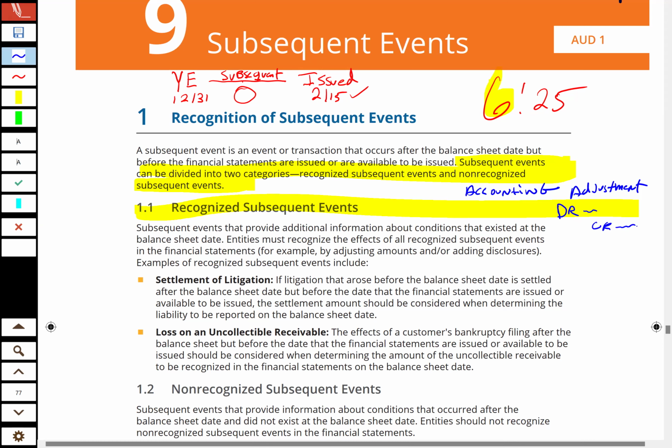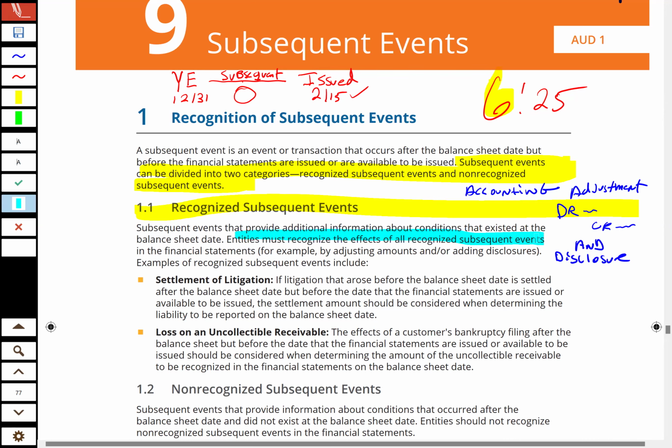Okay. So if we have a subsequent event, recognized means you will make an entry that'll affect the financial statements and there'll be disclosure about that event. Okay, so entities must recognize the effects of all recognized subsequent events. I mean, that's a little redundant.